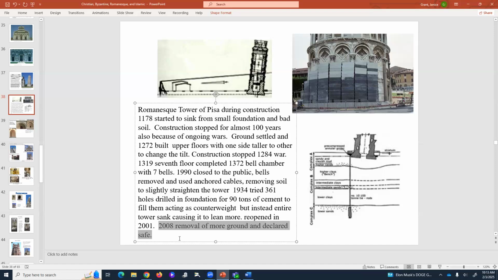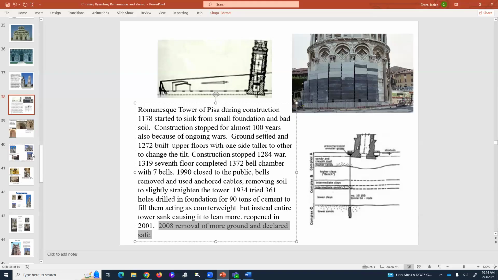And finally, you can see the picture here with this counterweight, making it stable for people to walk through. And like I said, if they wanted to bring in the best technologies to make it straight, they probably could, but it wouldn't be the Leaning Tower of Pisa anymore.